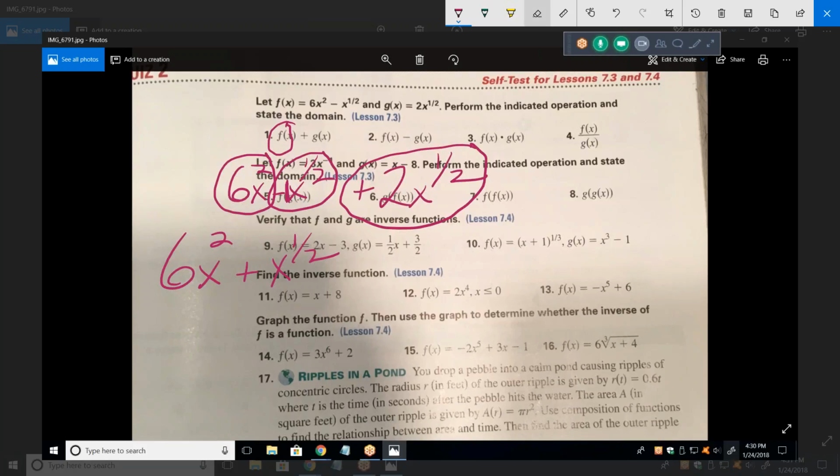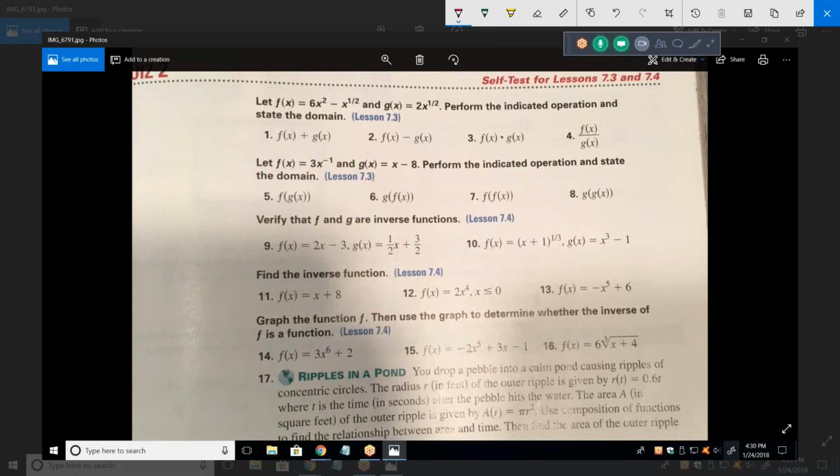Now, subtraction is exactly the same thing. The only thing you've got to be careful with in subtraction is if there's more than one term, then you have to subtract both of them. In this particular problem, there's only one term for g of x. So how am I going to subtract the two of them?